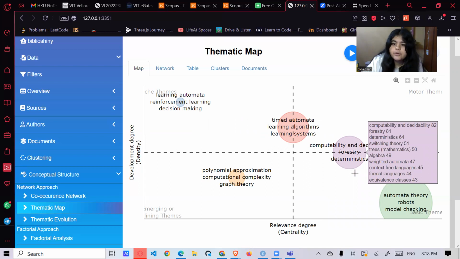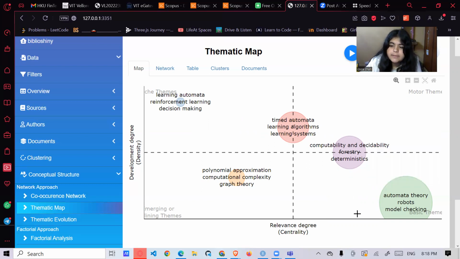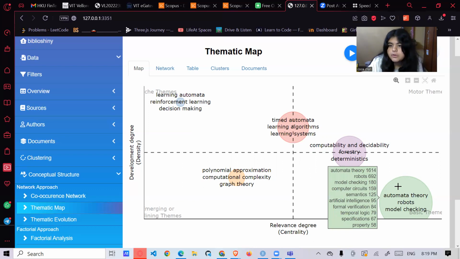So let's talk about computability and decidability, forestry and deterministics. They are in between motor theme and basic theme. Basic themes have high relevance and okay impact because they are talked about a lot.